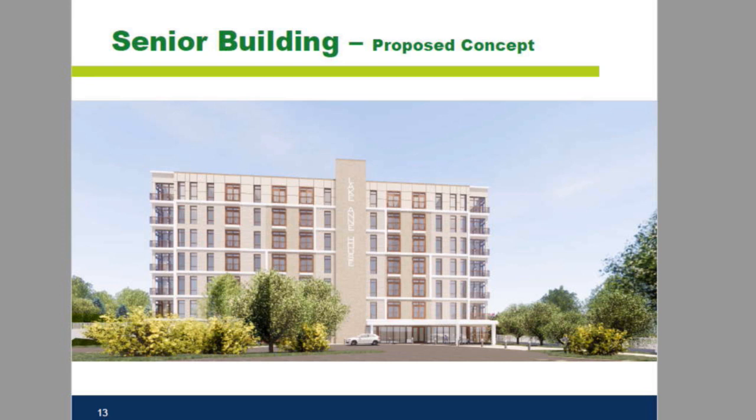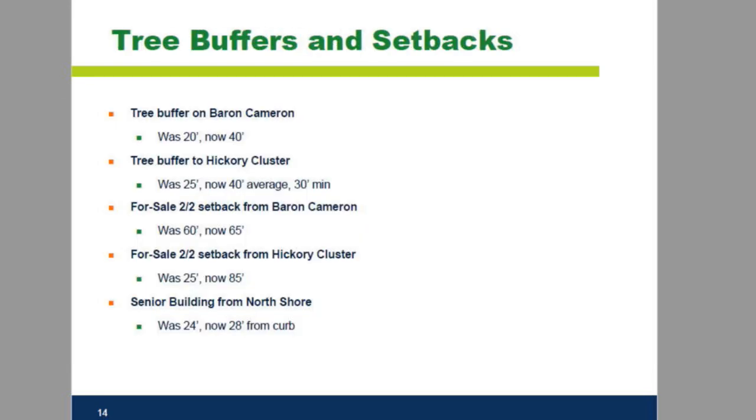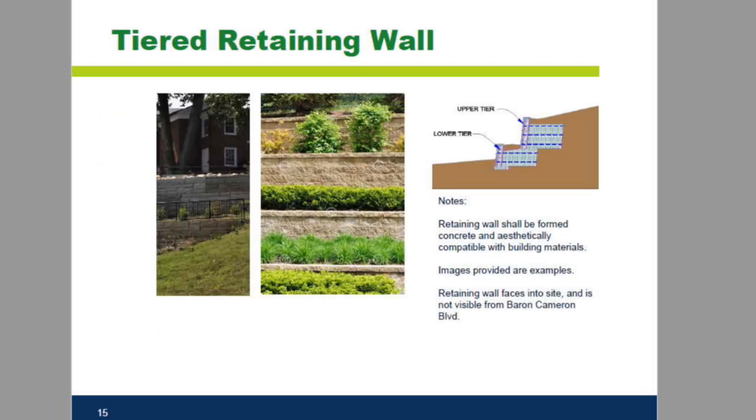And so this was just kind of highlighting those buffers and setbacks that I mentioned. I won't go through them, but just know that we've increased all of them. And the next slide. I wanted to just highlight this a little bit with the retaining walls, and I do know that we have retaining walls on this side, but what we're proposing are to terrace them or tier them and have landscaping that's going to be in between those terraces.